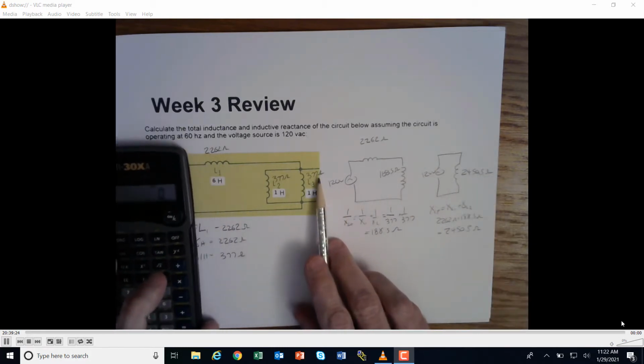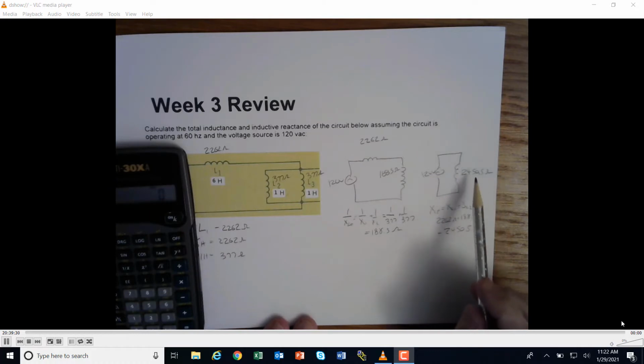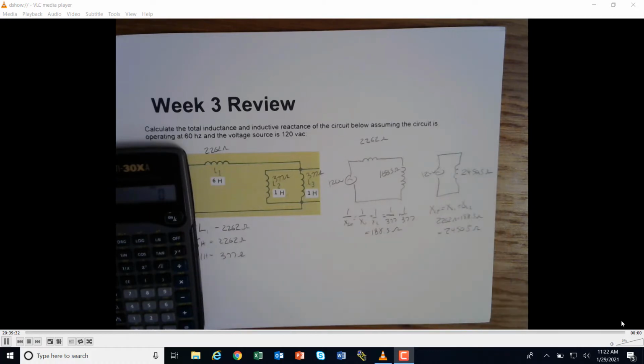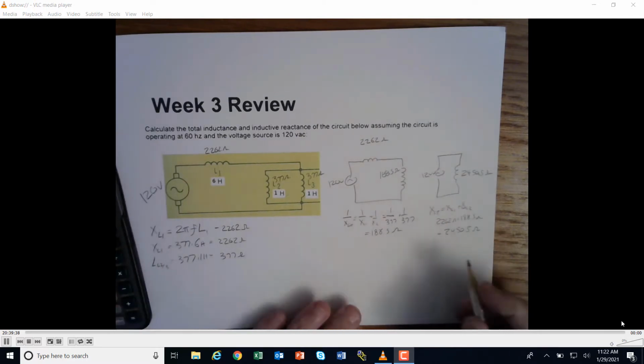Okay. So because I've converted this inductive reactance to ohms, all my rules in my power wheel, it's a modified power wheel, will work. I'm not using resistance anymore, I'm using XLT. So if I go right here, I can get my current for the entire system. I equals not V over R, it's V over XLT, which is 120 volts over 2450.5 ohms.